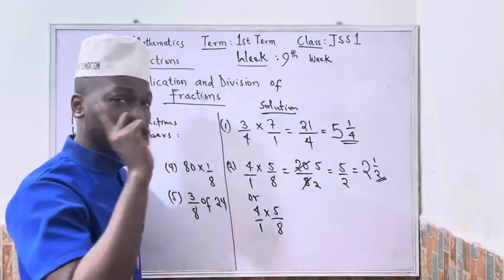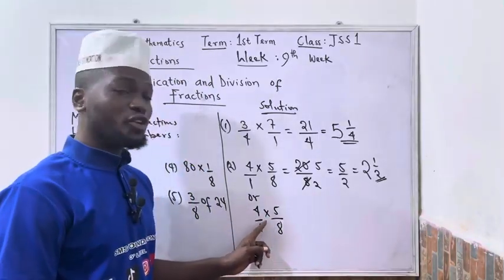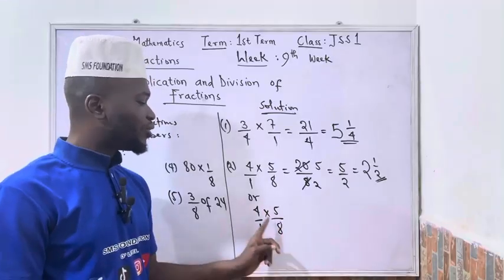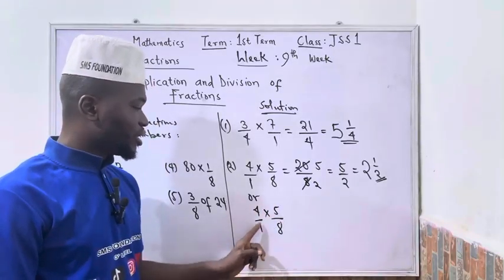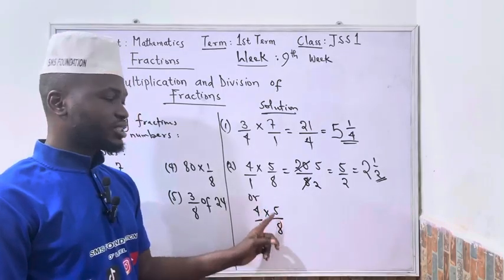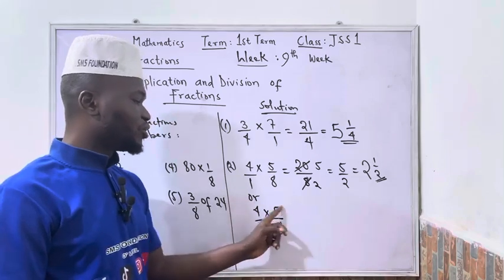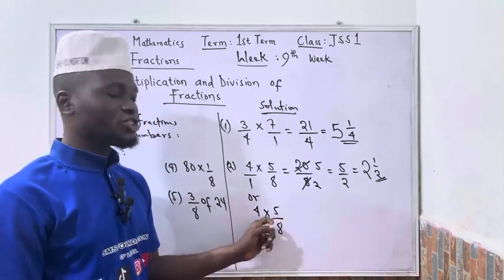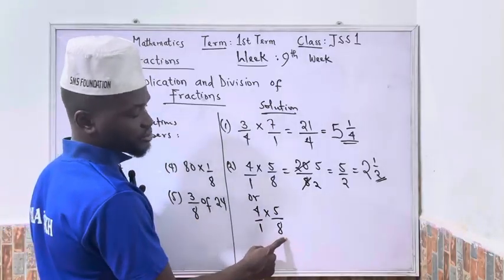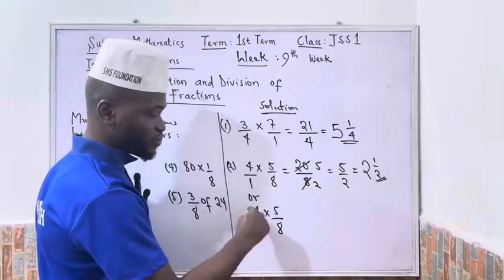So if multiplication is involved, you can cancel along this, or cancel along this part, or cancel along the vertical, or cancel along the vertical. But don't cancel along horizontal if multiplication is involved. Now, I'm saying 4 here and I'm saying 8 here. You see, I am allowed to cancel along this part.